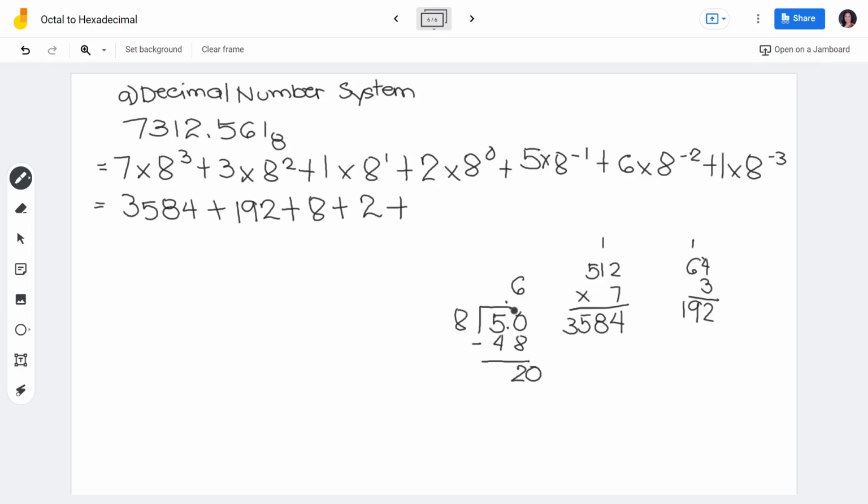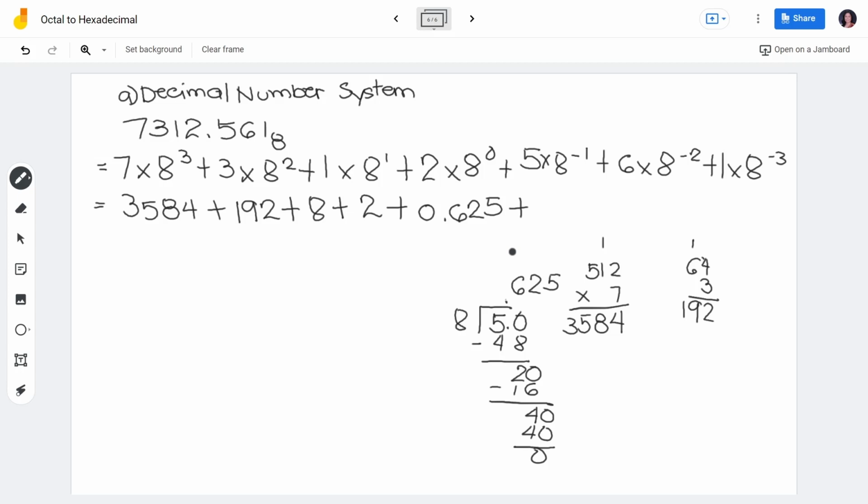Then 20 divided by 8 is 2. 2 times 8 is 16. So 20 minus 16 is 4. Put 0. So we have 5. It's exact. 5 times 8 is 40. So we have 0.625.